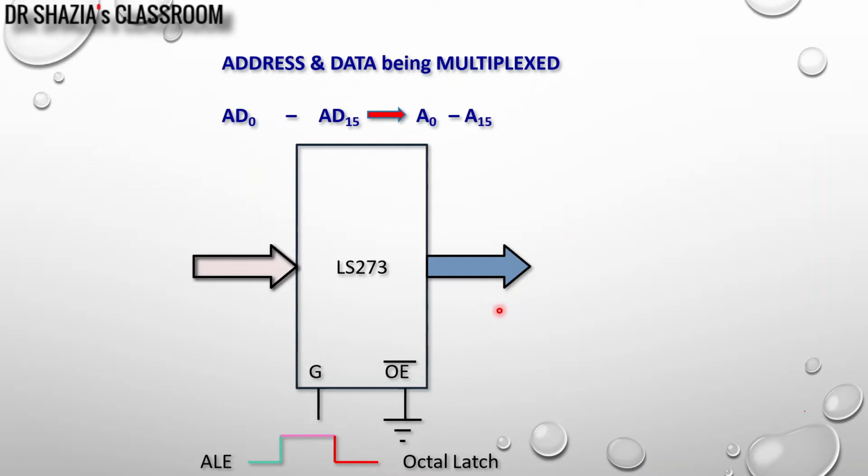So the question here may be why we need to latch the address. As you know, to handle the instruction, the processor first generates an address. That address may be the address to the memory device or to the IO device. Next, the control signals are generated.